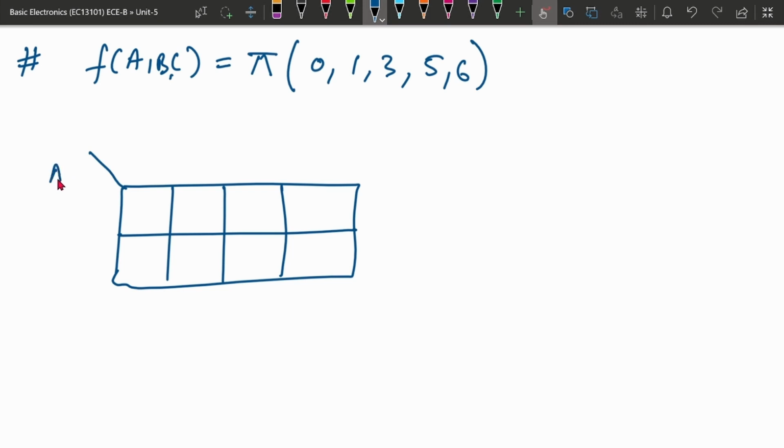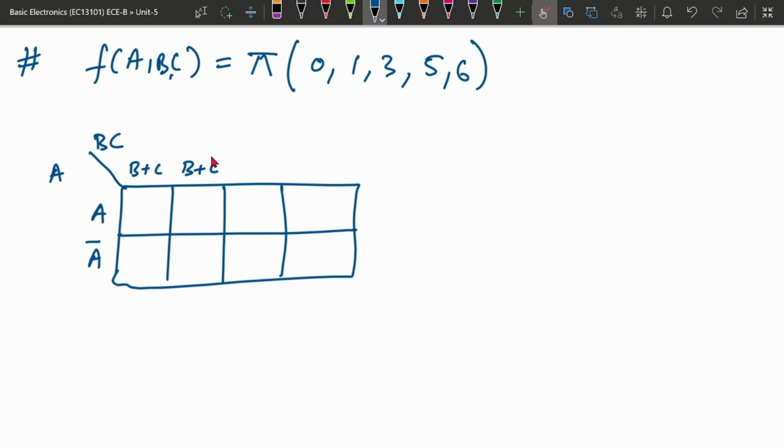Okay, so here it is A and this is equal to B. So this will be A and this will be A bar. Now while writing the B bar terms, here it will be B plus C. Next one is B plus C. Initially it was 0 1.